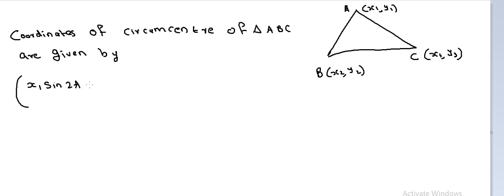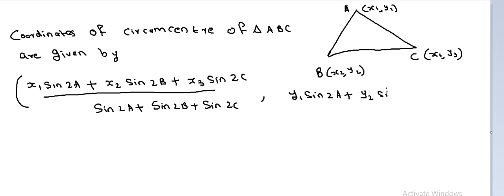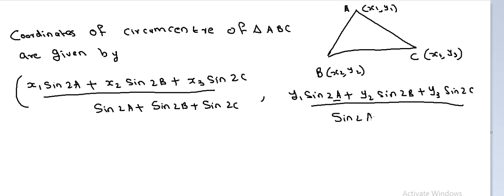(x1 sin 2A plus x2 sin 2B plus x3 sin 2C) by (sin 2A plus sin 2B plus sin 2C), (y1 sin 2A plus y2 sin 2B plus y3 sin 2C) by (sin 2A plus sin 2B plus sin 2C).